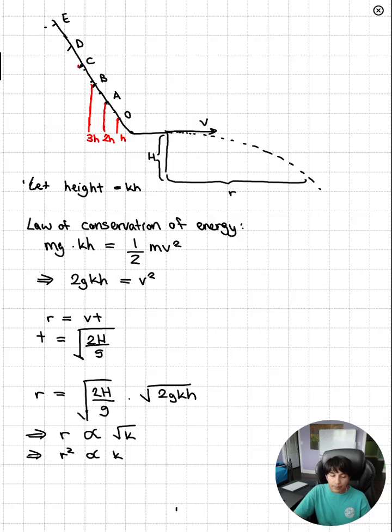We want to find the appropriate value k for each one of these points, so that our range will be 25 centimeters, given that when released from O, it will already land 10 centimeters away. How are we going to do this? Well, we can apply the law of conservation of energy.